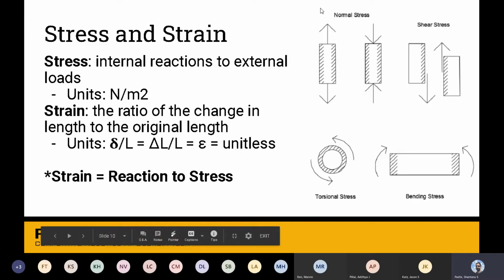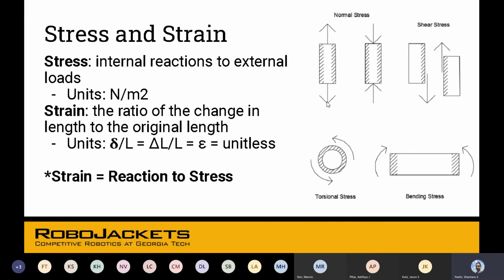So normal stress is what happens when you just push down or pull on something along an axis. In this example, as you can see, this rectangular piece is being stretched, or it's being compressed.